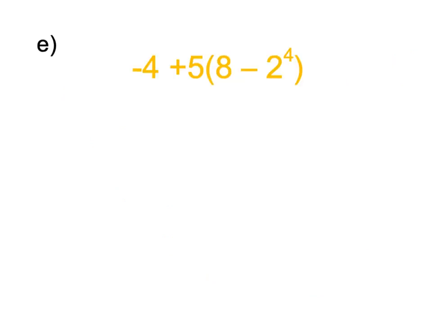The problems are going to get bigger and a little bit more challenging as we go, but as long as you follow the order of operations, you should be good. Any grouping symbols? Yep, but inside our grouping symbols, we also have to follow the order of operations. So the first thing I'm going to do is my exponent, which is 2 times 2 times 2 times 2. 2 times 2 is 4, times 2 is 8, times 2 is 16.